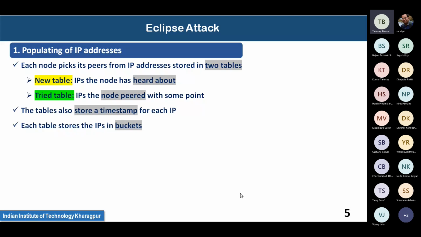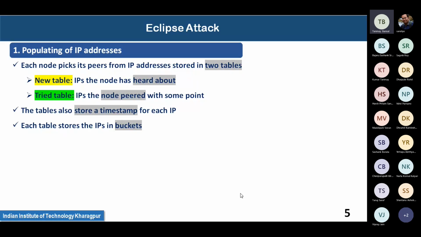Now what happens is that when the node is trying to communicate, it will pick up an IP address with some probability from the new table and with some probability from the tried table. So the goal of the attacker is to fill in all the tried table entries with its own IPs and fill in the new table entries with some junk IP addresses.